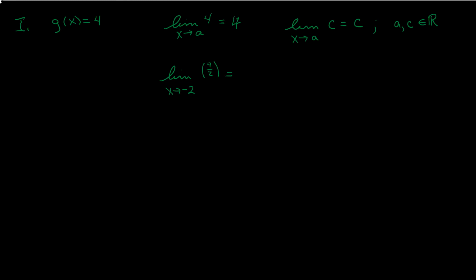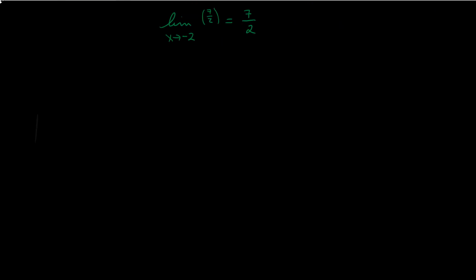And what you'll wind up with here, doesn't matter what value of x we're working with, you will always get back 7/2. Now remember, constants don't always just look like a number. Let's say x approaches 7 of pi. Pi is a number as well. Doesn't matter what value of x we use.